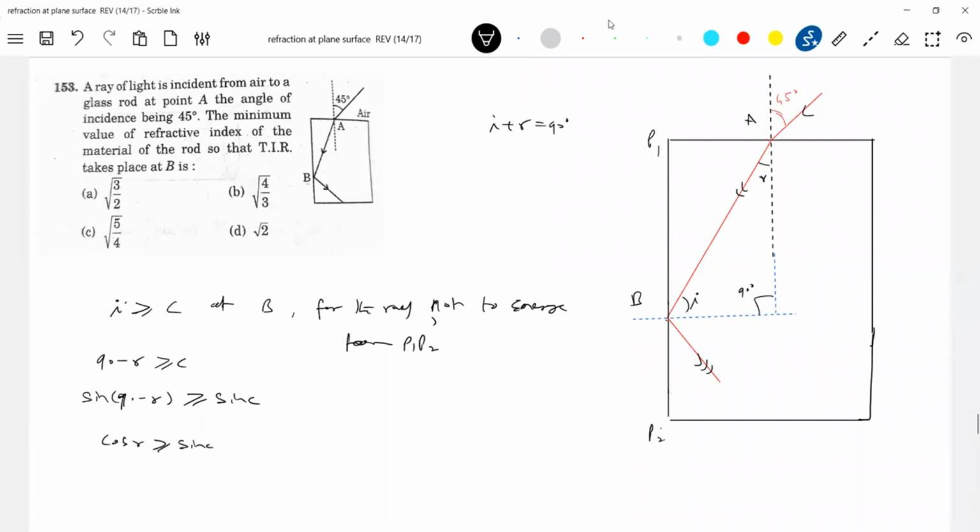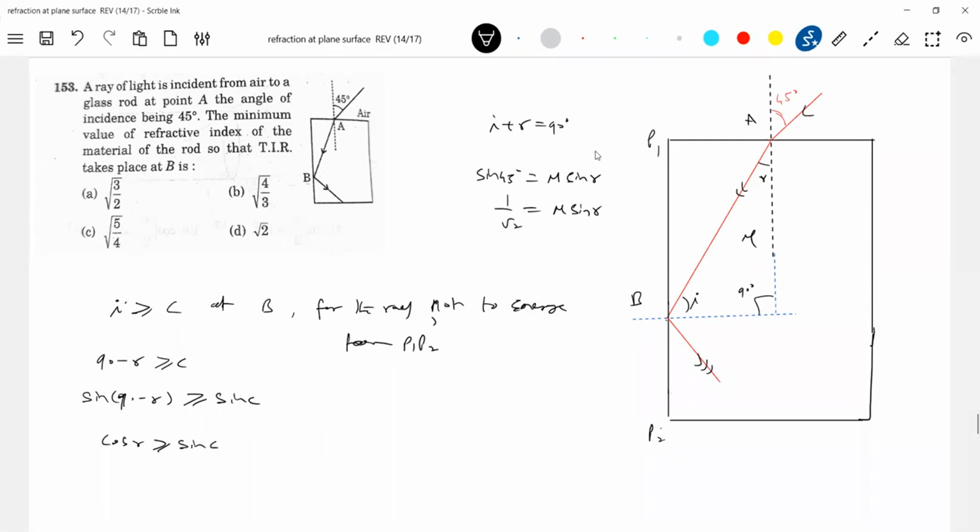Then applying Snell's law at A: sine 45 equals mu sine R. So this will be 1 by root 2 equal to mu sine R. So cos R has to be replaced.